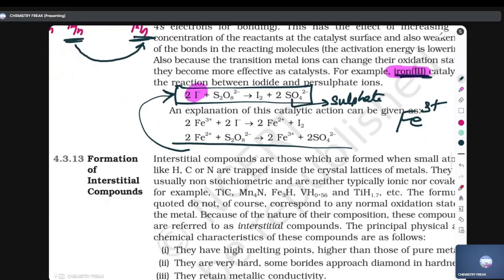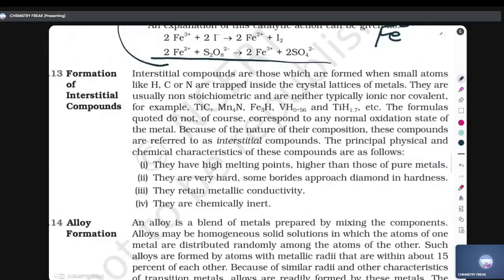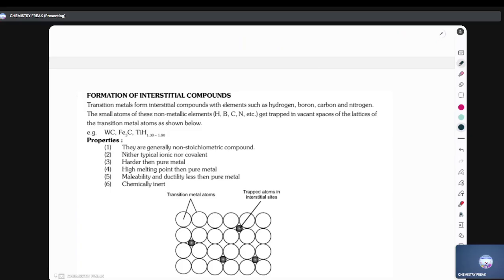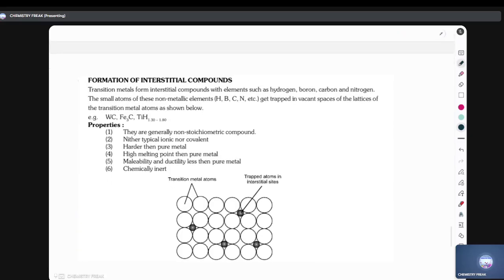Yes. Sir, what is next one, sir? Interstitial compounds. So through this diagram, you can easily understand what is an interstitial compound. Look, all the white colored ones around refer to nickel. And this is nothing but hydrogen, which is trapped in between nickel. So interstitial compounds என்ன அப்படின்னு சொல்றோம் பாரு.